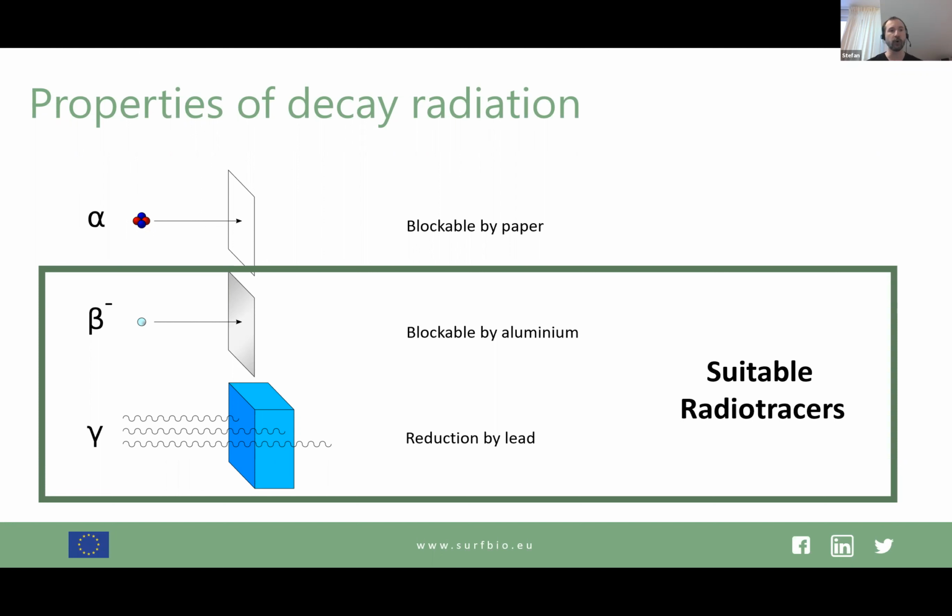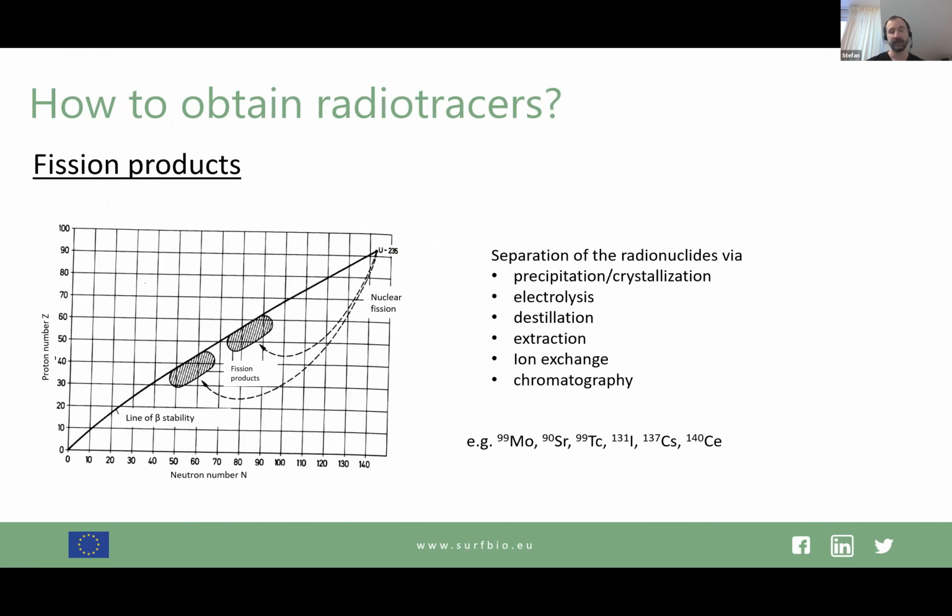Okay, so now we know what our radionuclides are that we can use as a radio tracer. The question now is, how do we get them? Basically, you can isolate the fission products out of the fission material in a nuclear reactor used for energy production. They will be separated via all sorts of chemical procedures.